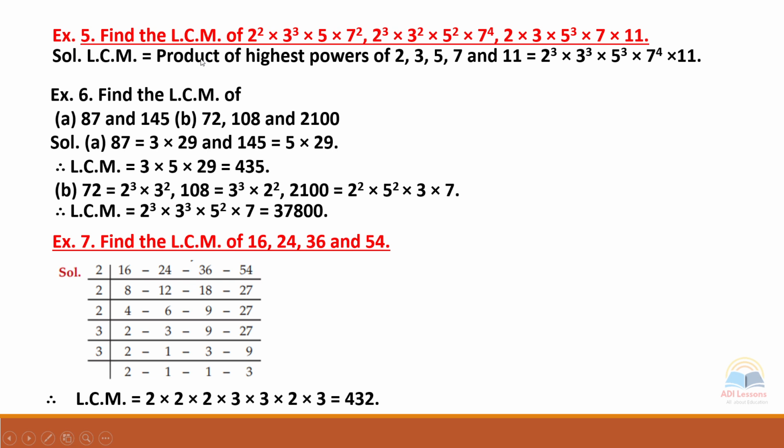Find the LCM of 2 square and 3 cube and 5 into 7 square; 2 cube into 3 square into 5 square into 7 power 4; 2 into 3 into 5 cube into 7 into 11. So LCM is equal to the product of the highest powers of each multiple.